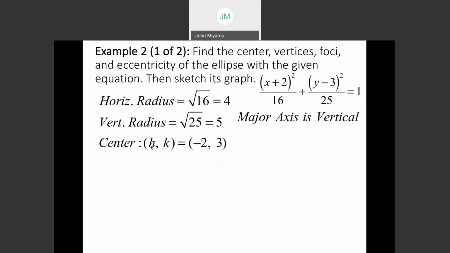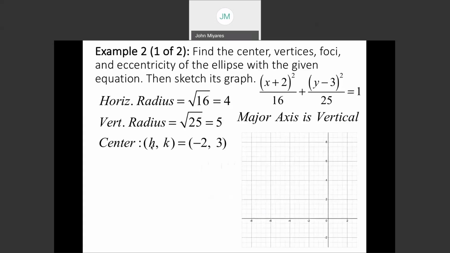Before we look at the vertices and the foci, we will want to draw a quick sketch of this graph. The first point to plot is going to be the center at (-2, 3). From there, we will use the horizontal and vertical radii to get the 4 key points needed to get a rough sketch of this graph.